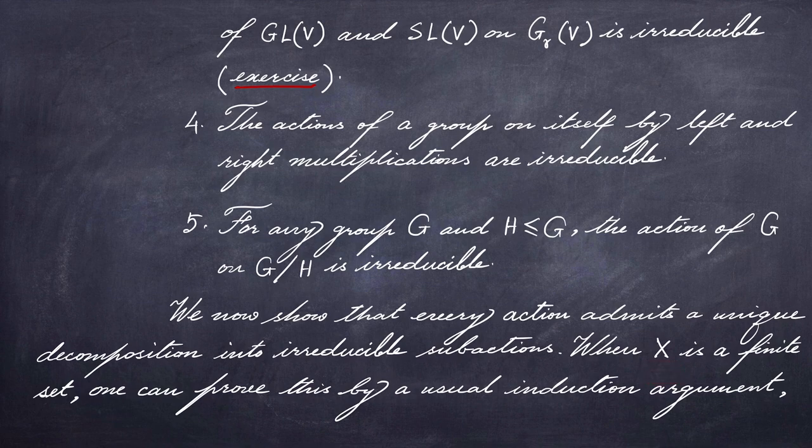Okay. So the proof is very simple: if it is irreducible, then there is nothing to do. If it is not irreducible, then there will be a partition, and the subsets forming that partition have less number of elements than that of X. Therefore, you can run induction. And thus you obtain a decomposition.